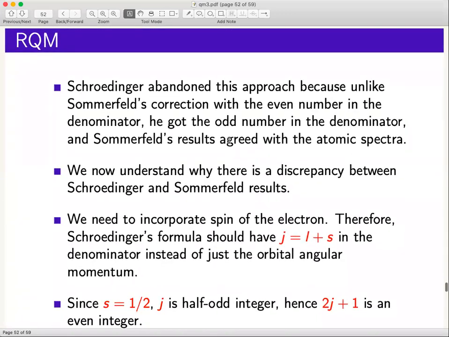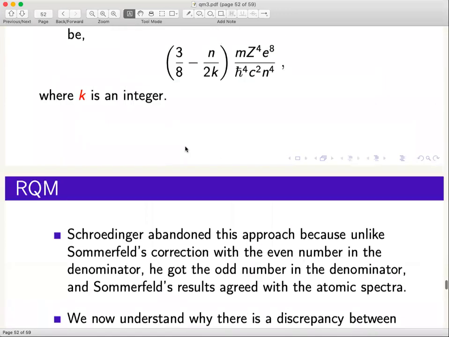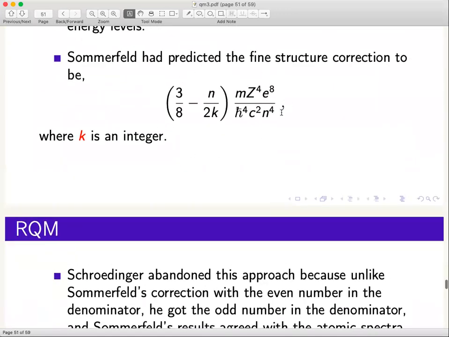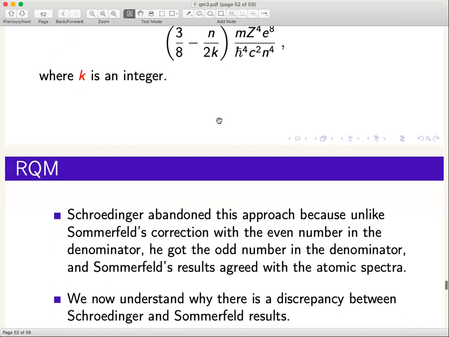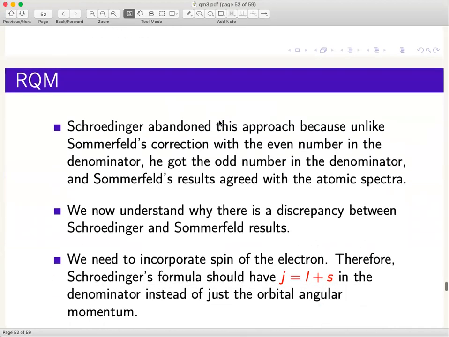He decided that this way of solving the problem doesn't work, and he decided to take the non-relativistic limit of the problem, solve the non-relativistic Schrodinger equation, and got the spectrum including Sommerfeld's correction exactly in this form. After having gotten this result in the non-relativistic problem, he was happy that he could get the hydrogen atom spectrum including fine structure corrections correctly, and never visited the relativistic problem again. So that is the history.